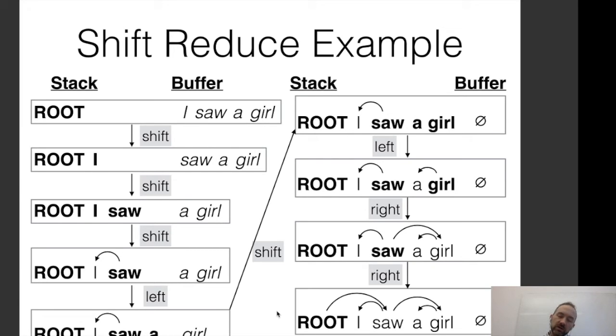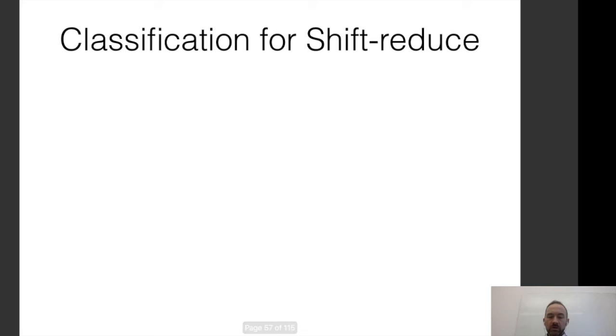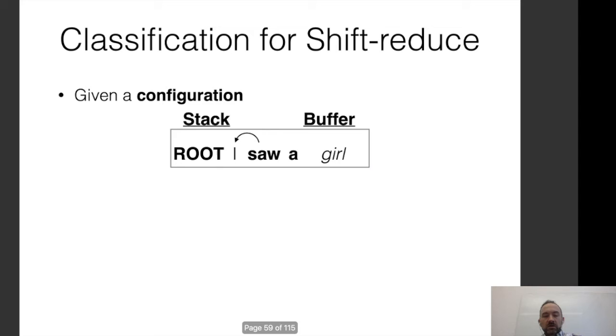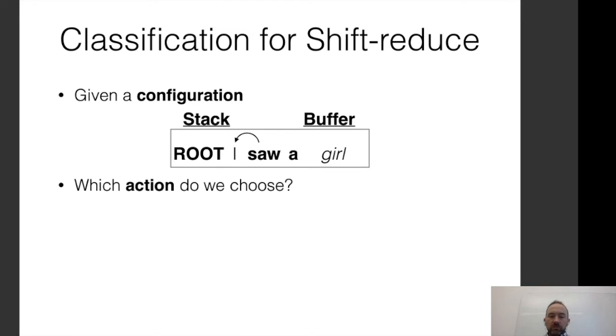So basically, we see that if we choose particular actions, we will be able to get a tree over all of these words in the original sentence. So in order to perform shift-reduce parsing, we need to perform classification. And the way we do so is, given a configuration, we need to choose which action we will do.